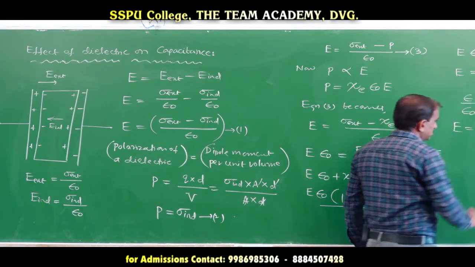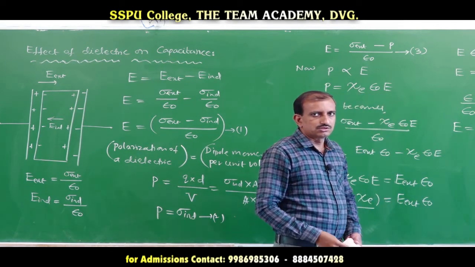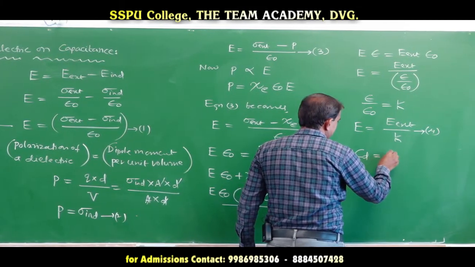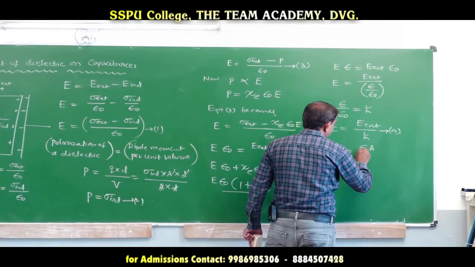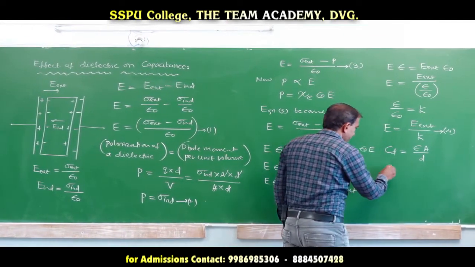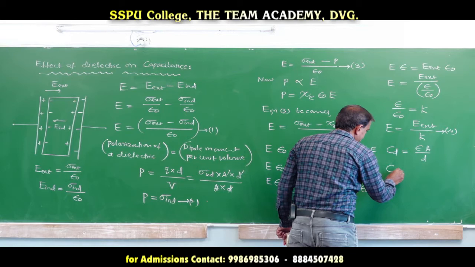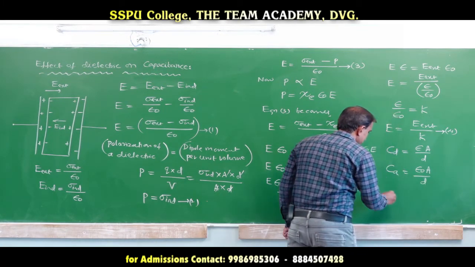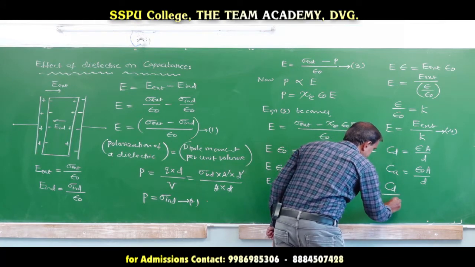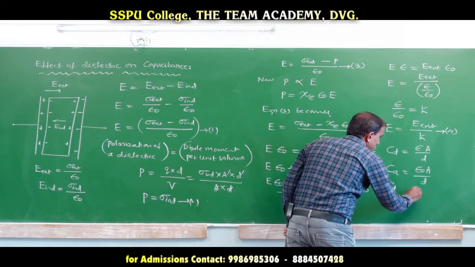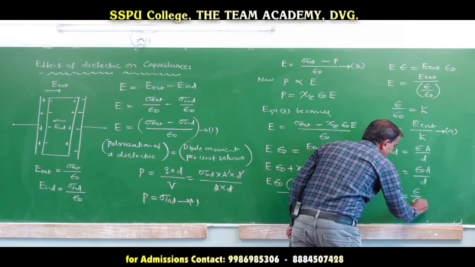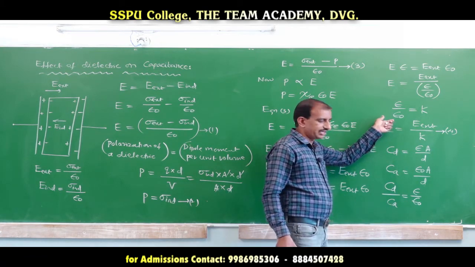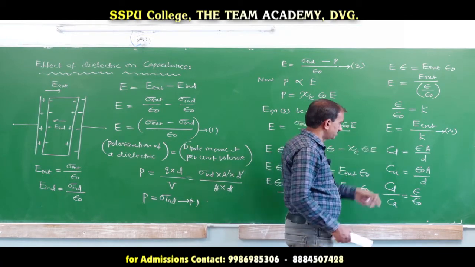Now the capacitance of a capacitor with the dielectric is epsilon A divided by d. Capacitance of the capacitor with air is equal to epsilon naught A divided by d. Therefore, C_D by C_A is equal to epsilon by epsilon naught. What is epsilon by epsilon naught? K, the dielectric constant.